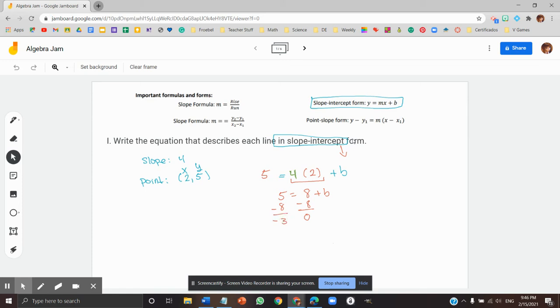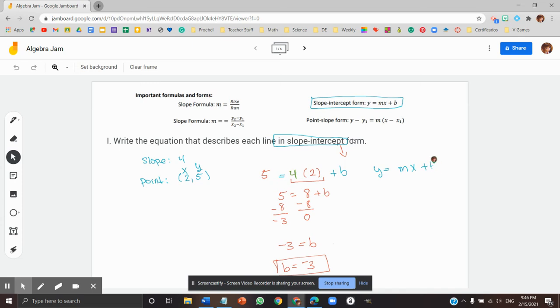Now I have a bunch of numbers there, so let's make it a little bit clearer. On my left side, I have negative 3, and on my right side, I just have b. This is the same thing as b equals negative 3. So I have my b. Now I can rewrite my formula, again, y equals mx plus b.